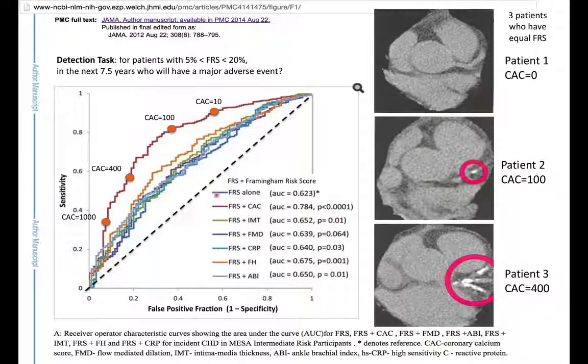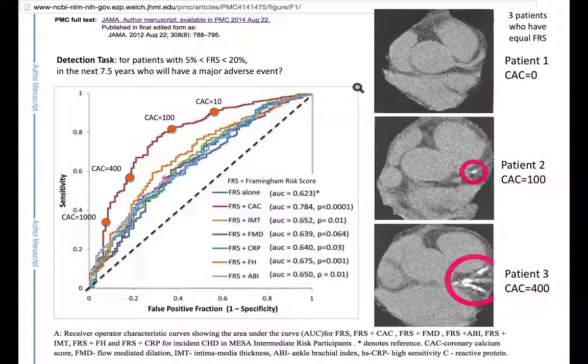And you can see that these are all of the biomarkers that have been used and invented recently to predict whether or not somebody's going to have a heart attack. And these are middle risk people, sort of in their 50s, etc. And the Framingham risk score, which is the classic one that everybody uses, is this blue curve.